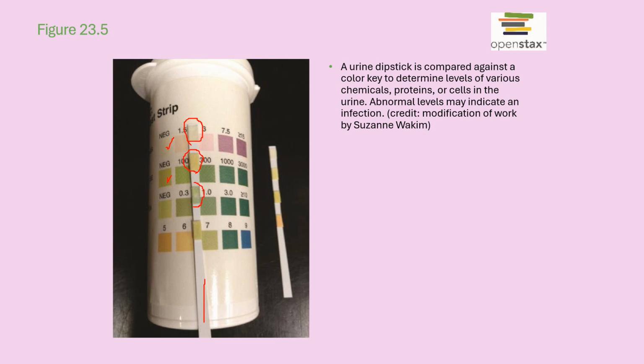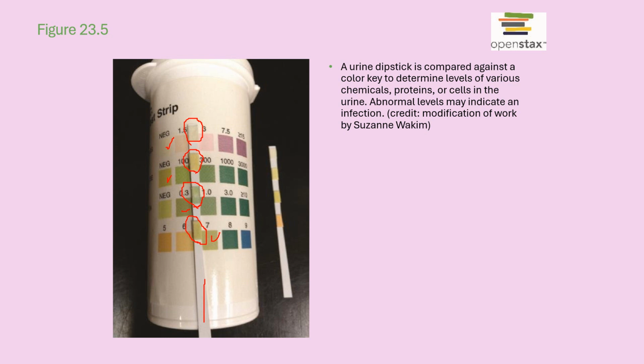This one right here, I would say it's closer to this one, which is 0.3, but I don't know what we're testing for right there, because like I said, over on the side it should be listed. And this one right here, that looks closer to right here. It says 7. I'm guessing this one's pH. So you just line it up and you just compare the color with it.